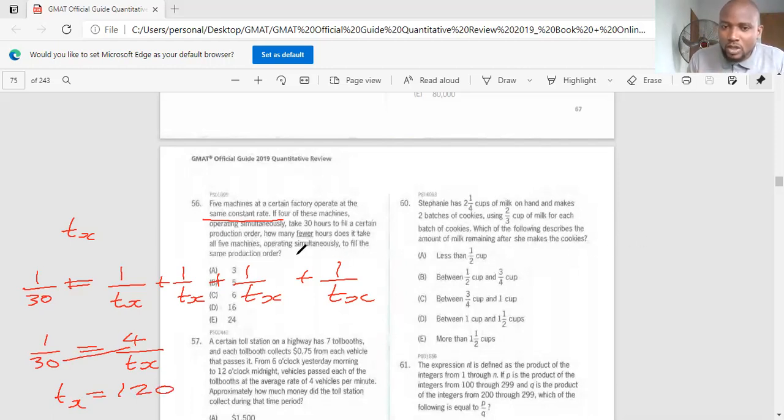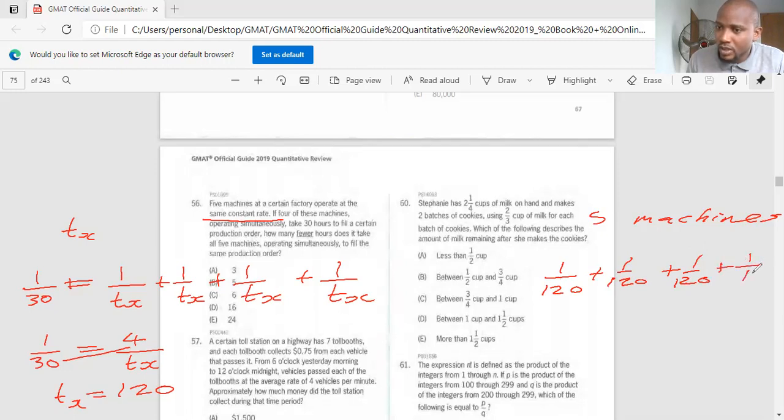Now the question is asking how many fewer hours, so we have to know the time it takes 5 machines to do the job. So for 5 machines, the total time is 1 over 120 plus 1 over 120 plus 1 over 120 plus 1 over 120 plus 1 over 120.